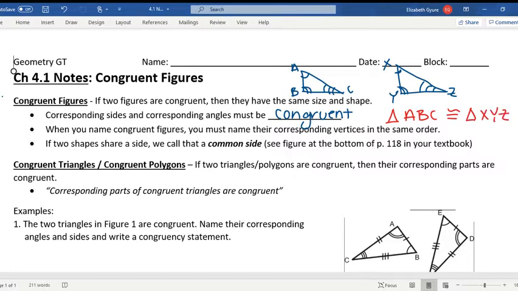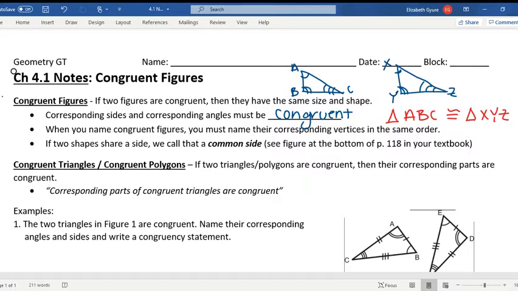So the order is important in those statements. And then if two shapes share a side, we call that a common side. For example, if you look at page 118 in your textbook, there are two polygons that share a side. They're connected along an edge. So we call that a common side.